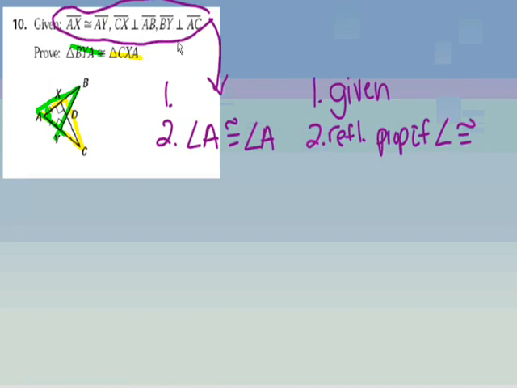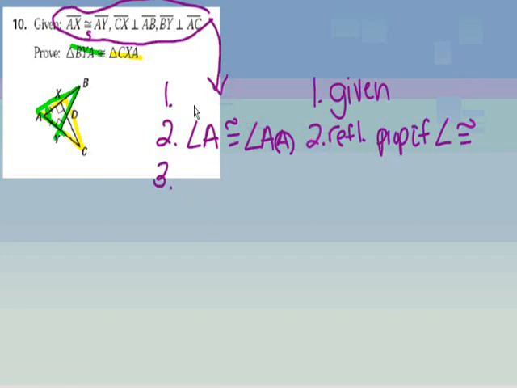We've said that these two are perpendicular, which means that they form right angles. So I need to make some statements before I can go ahead and say that I've proven side, angle, side, because I've proven side and I've proven angle. I'm sorry, we're going angle, angle, side, or angle, side, angle, aren't we? But I don't yet have my other angles, so I need to get my other angles.